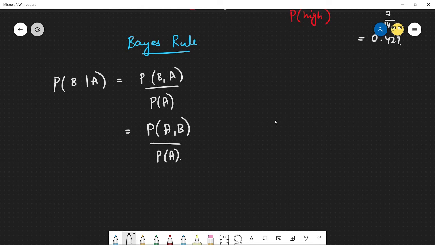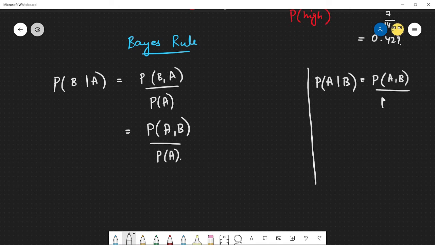And I'm going to have a sidebar here where we compute this thing, where I say that the probability of A given B is, based on the formula, the probability of A and B, so the joint probability, divided by the marginal probability of B. And if I were to multiply both sides by the probability of B, we're going to end up with the probability of A and B is equal to the probability of A given B times the probability of B. Now I'm going to take this value of A and B, and plug it in here.